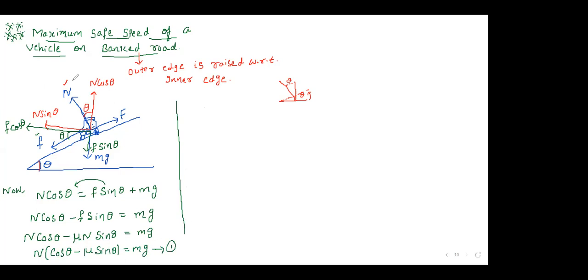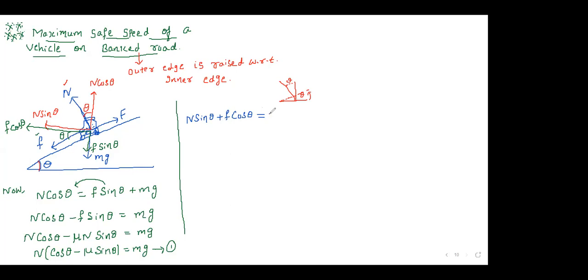Now, what are the other two forces, students? The other two forces are n sin theta plus f cos theta, which is acting towards the left side.